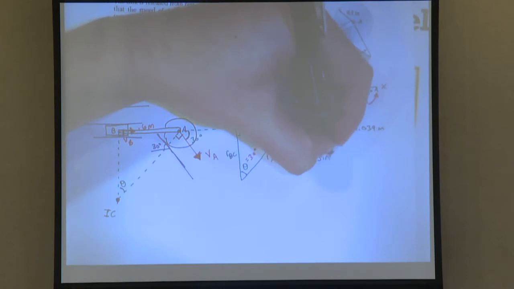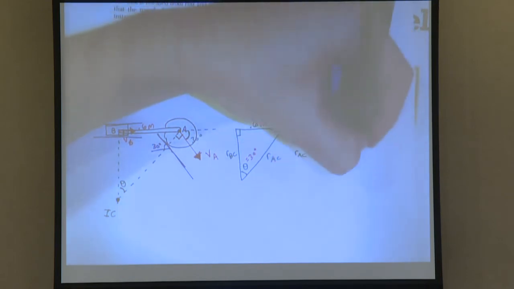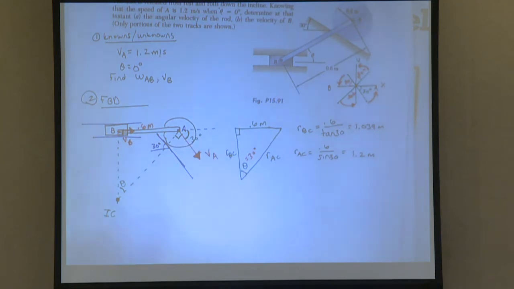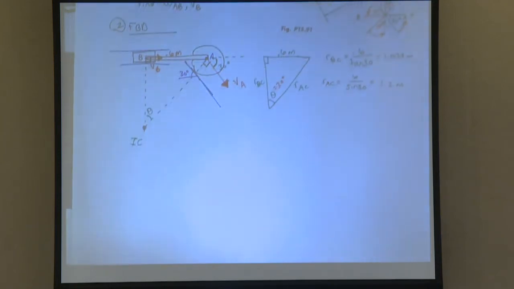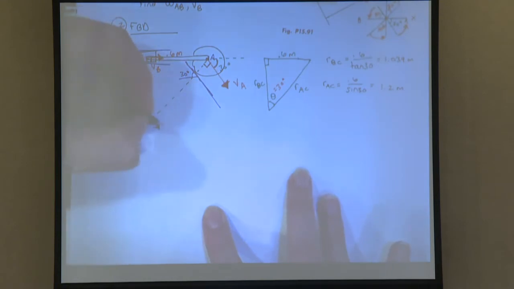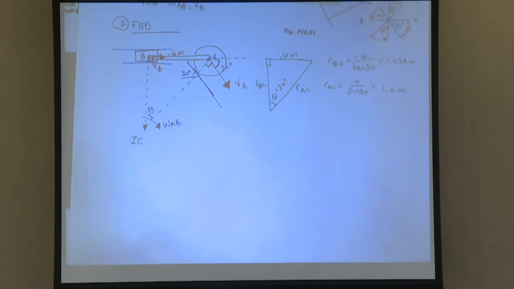RAC, something similar. It's going to equal 0.6 divided by sine 30, which is 1.2 meters. And now that we know that, this is my omega AB, going that way, which makes sense if A is going down the hill, right?